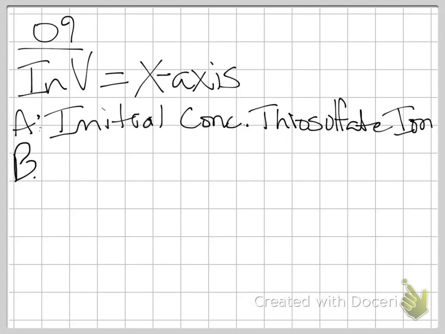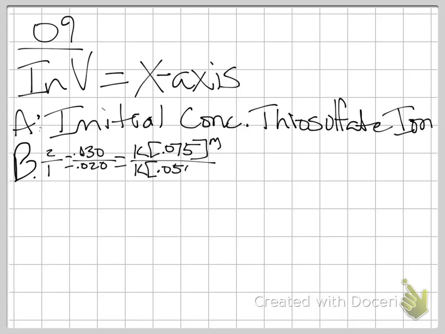I'm going to use experiments 2/1, which gives a rate of 0.30 divided by 0.020 equals K times the concentration 0.075 raised to the M, divided by K times the concentration 0.050 raised to the M. Of course, our K values are going to cancel out.